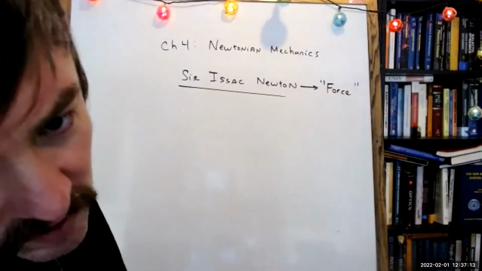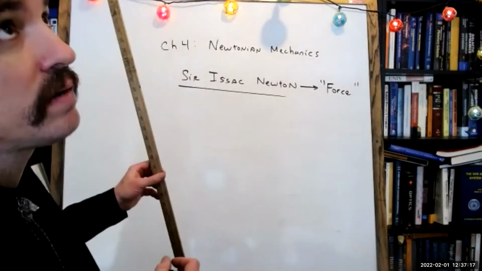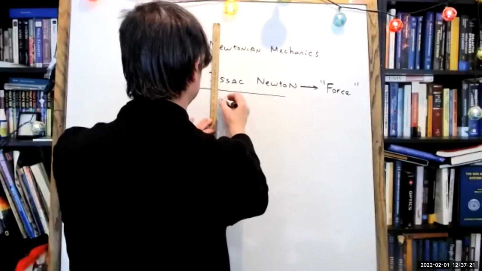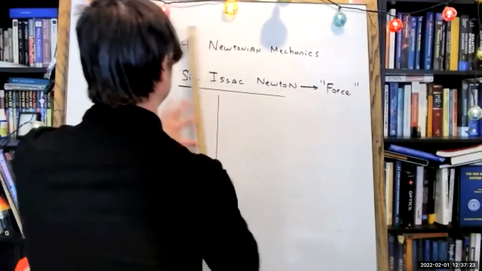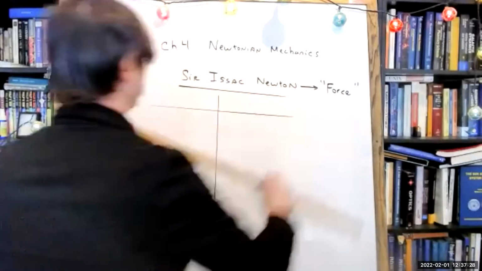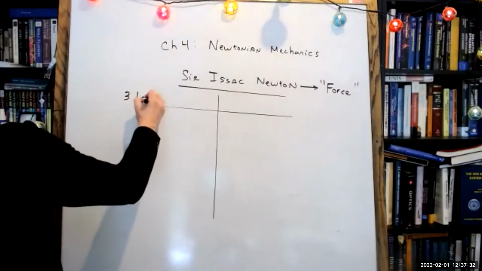But for the purposes of our lectures today and on Thursday, we're going to break down his works into two broad categories or two broad discoveries. The first are his 3 laws of motion.